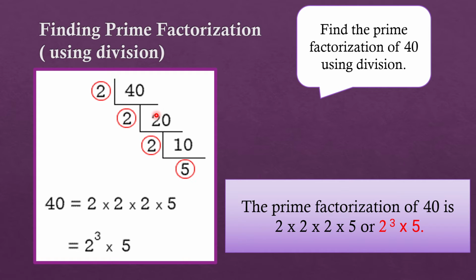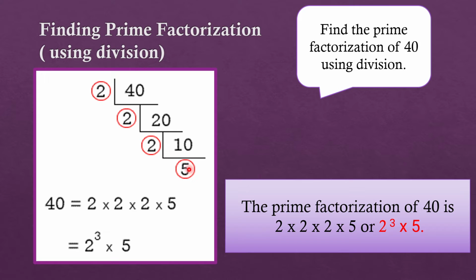Then we divide it again by 2 and it will become 10. And we divide it again by 2 and it will become 5. Now, since 5 is a prime number, let's stop here.